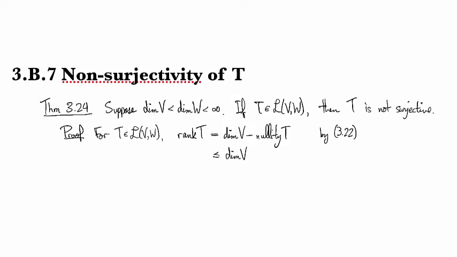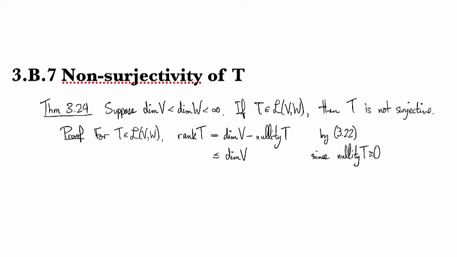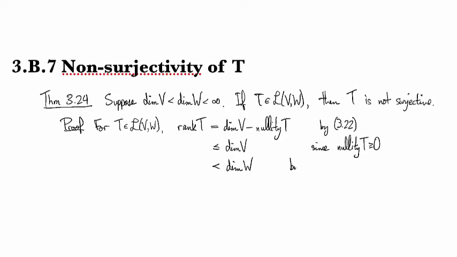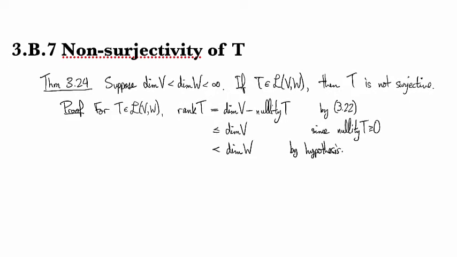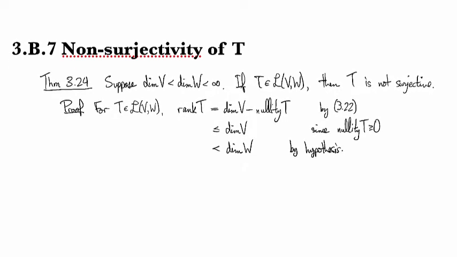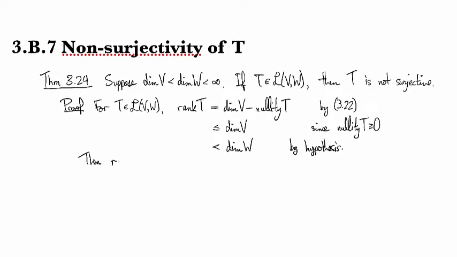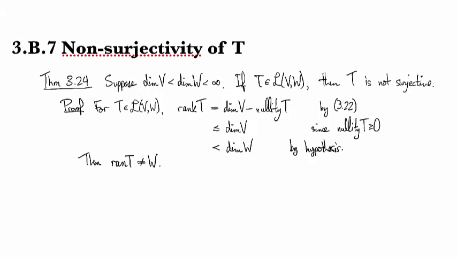That can only be smaller than the dimension of V. And then we're assuming that the dimension of V is strictly less than the dimension of W. All right, and so now since the dimension of the range of T is strictly less than the dimension of W, it must be the case that it cannot be all of W. And that's it.